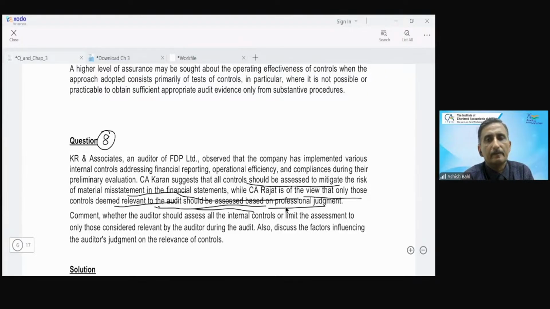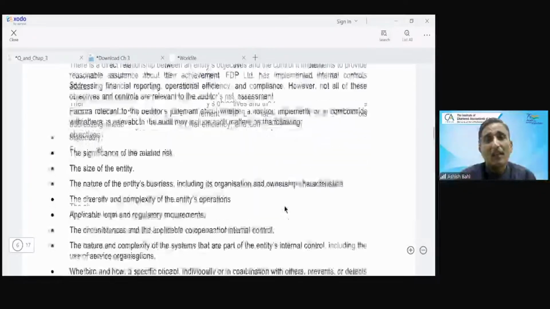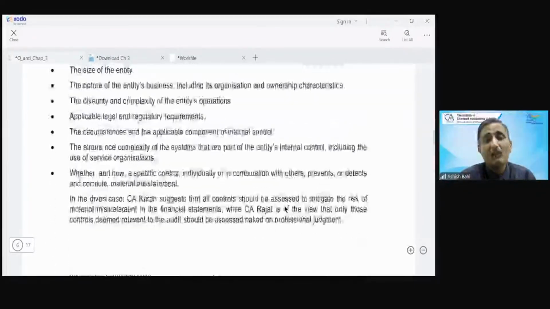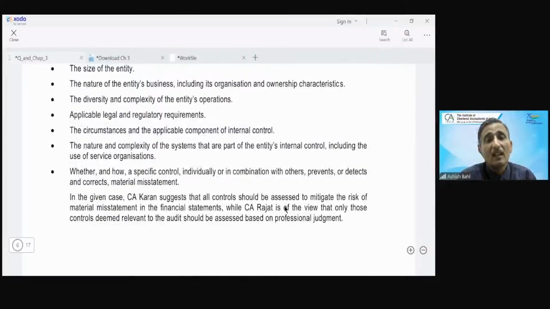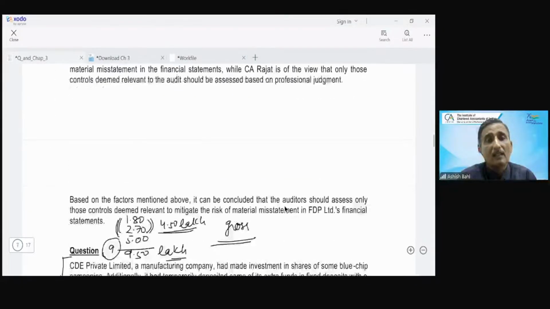So obviously, students, the controls which are relevant for the audit, the auditor is concerned about these controls. He is not concerned about those controls which are not relevant for the audit.